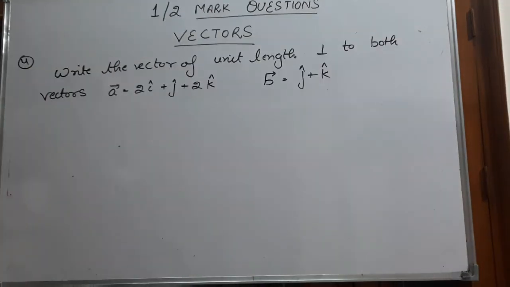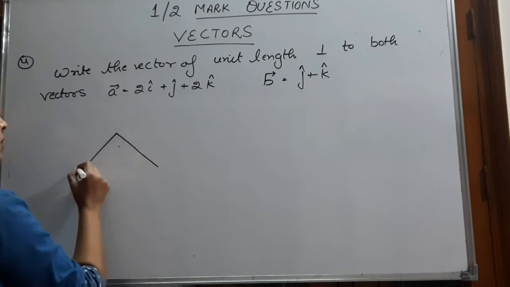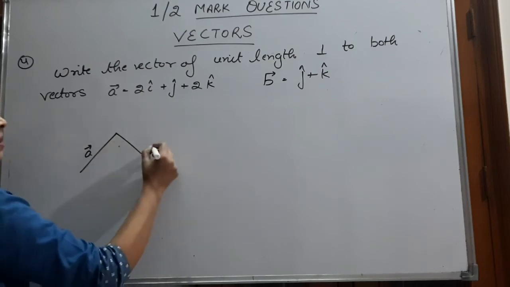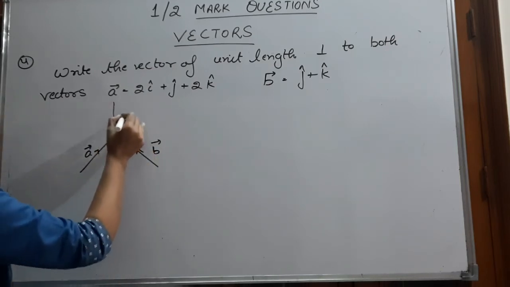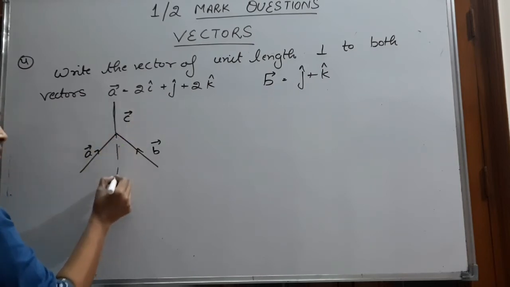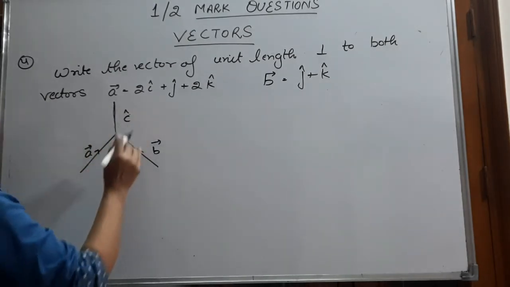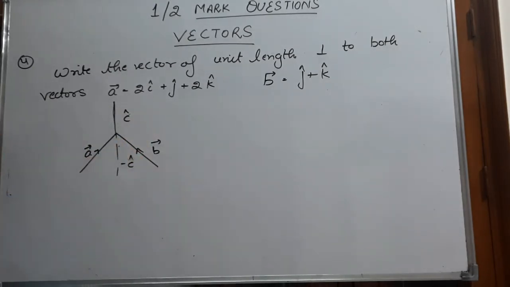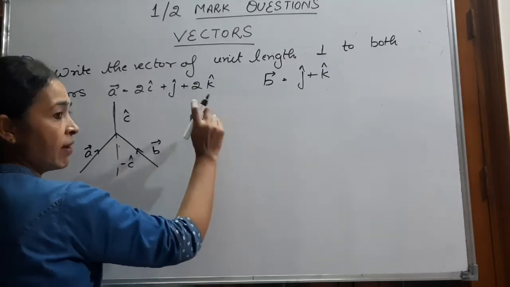Write the vector of unit length which is perpendicular to both the vectors A and B. A vector which is perpendicular to both the vectors, this is vector A and this is vector B. Let this be vector C. We have to find a unit vector which is perpendicular to both the vectors, vector A and vector B. Now, let vector C be the unit vector.